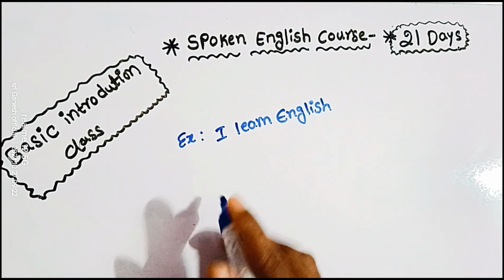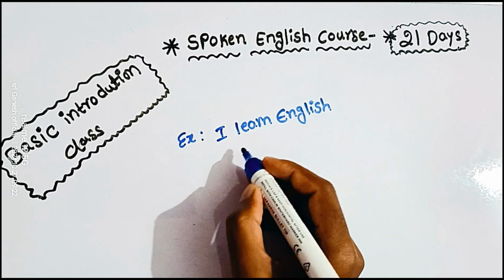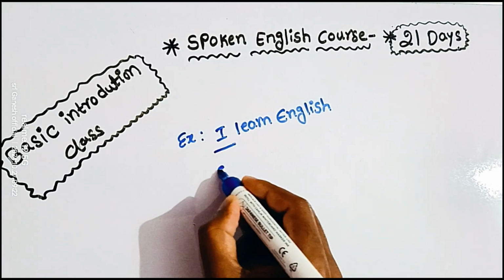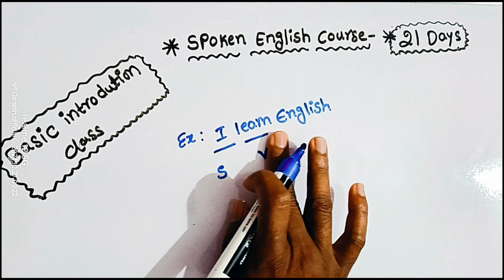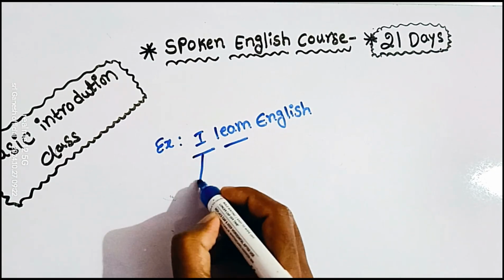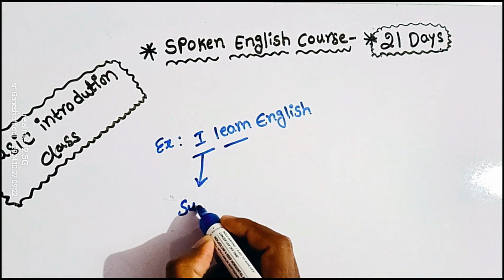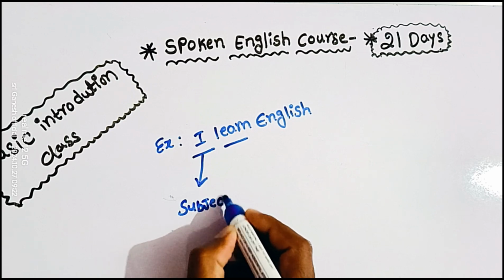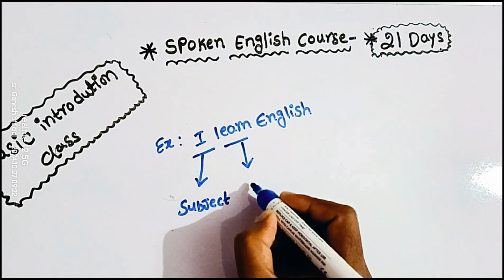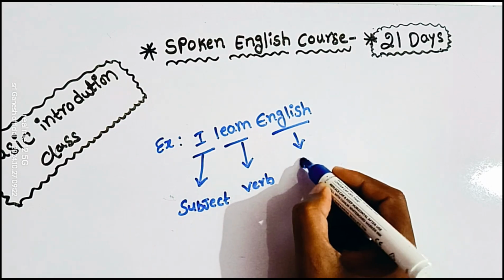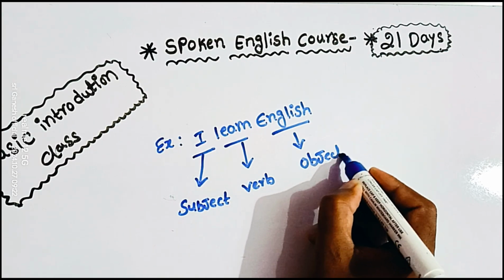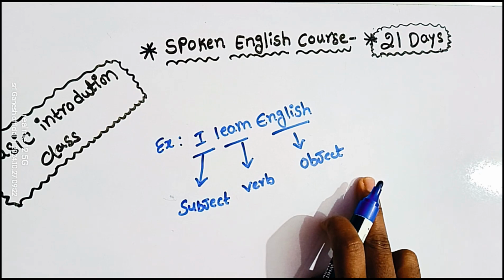In this sentence, I is called the subject. Learn is the verb. English is the object. Okay. This is one sentence formation.